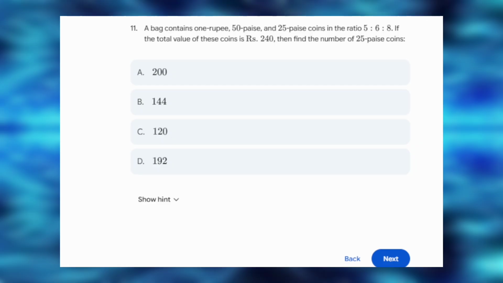Then 5 plus 3 plus 2, 10x equal to 240, x equal to 24. Therefore the number of 25 paisa coins is 8 into 24. 8 4s are 32, so 192.